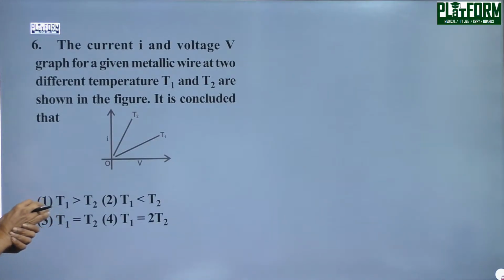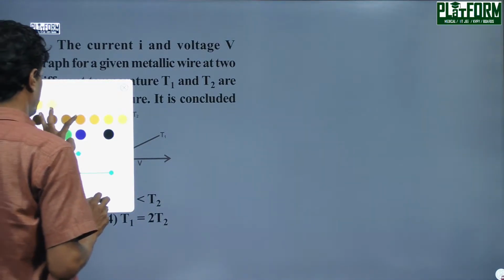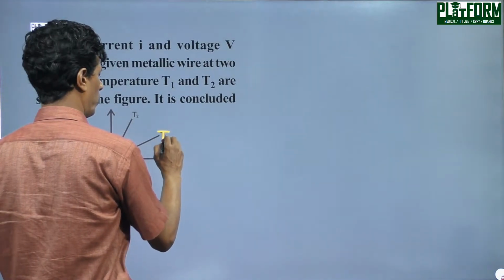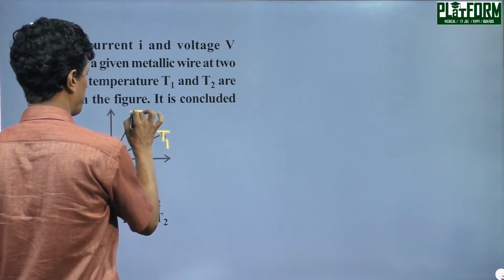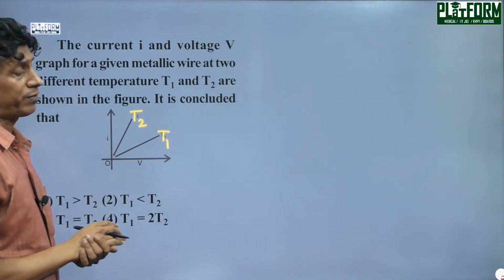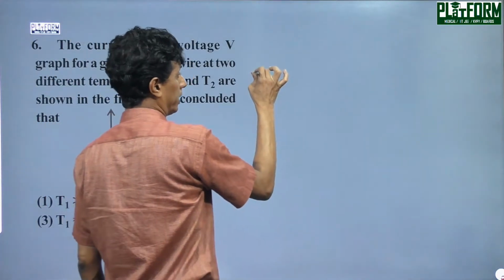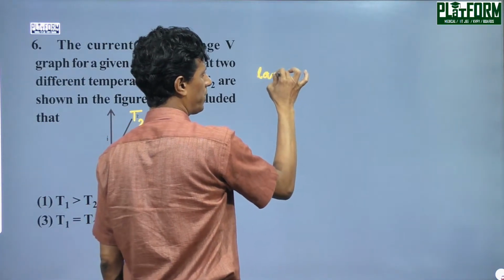The current I and voltage graph is given for a metallic wire at two different temperatures T1 and T2. Here the temperature of this is T1 and temperature of this is T2. It is a V versus I graph. You know tan theta is the slope of the graph.